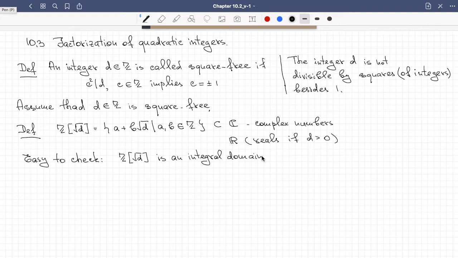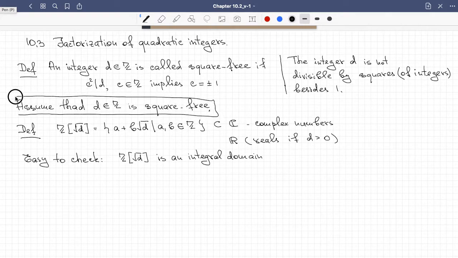So this is going to be a running assumption everywhere, and we have a family of integral domains, one for every d.